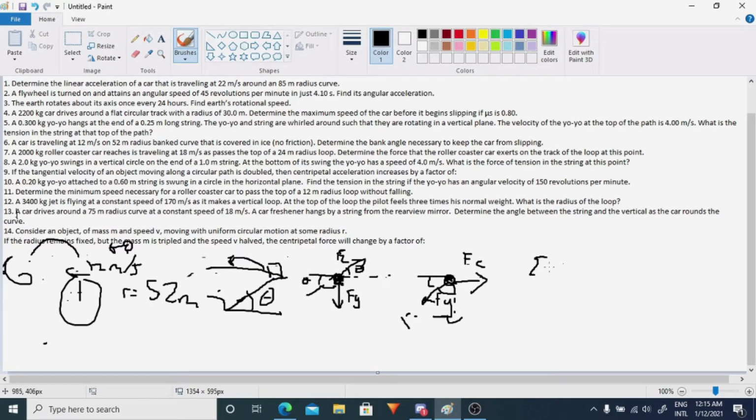So that means the sum of all forces in the x direction, which we know is going to equal 0 because once again we're trying to find the minimum bank angle necessary, is going to equal force centripetal minus force due to gravity times sine of theta.